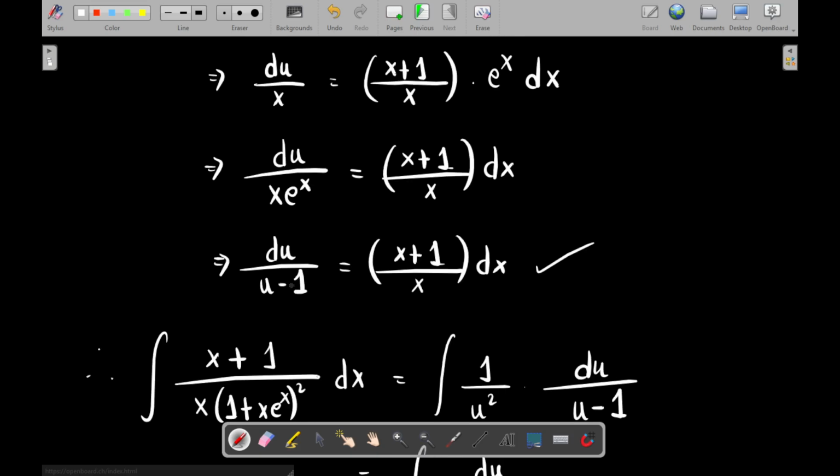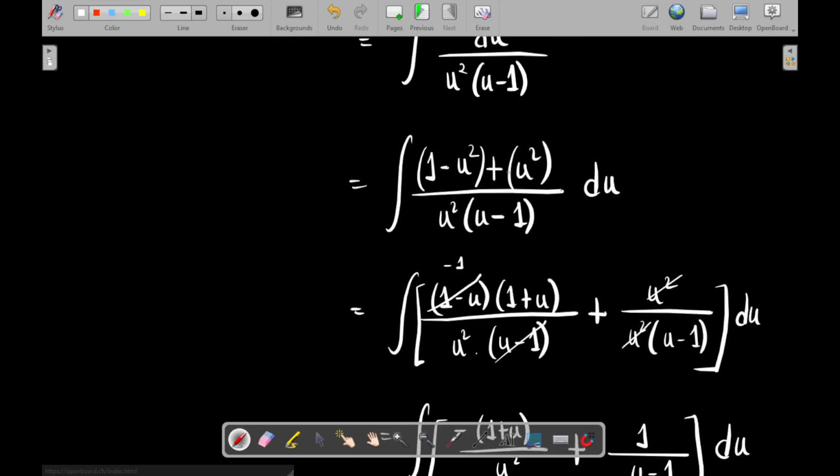But in the final step I had to change it in terms of u, because while doing this integral substitution, you have to change the variables explicitly. That is, when you are changing x and dx, you need to keep the other side in terms of another variable separately. You cannot do it like du upon x e^x. You have u and x combined together. That's why I had to separate this.